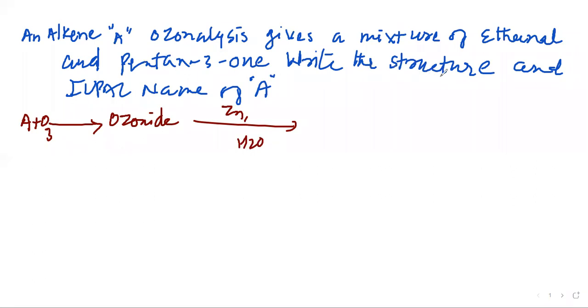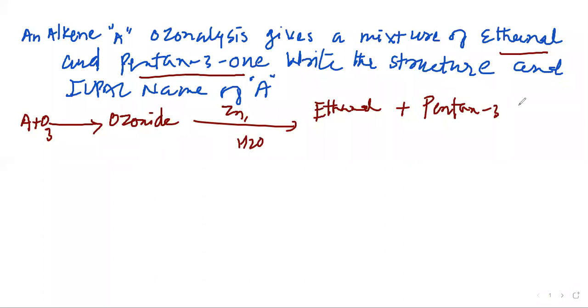What are these two products, my dear students? It gives us pentan-3-one and ethanal. So let me write the structure of these products, my dear students, so that you can understand it better.